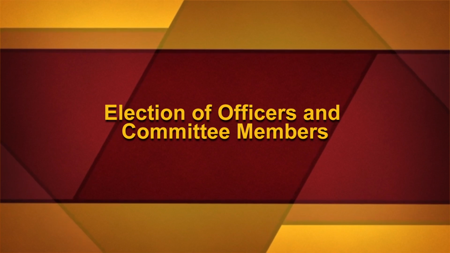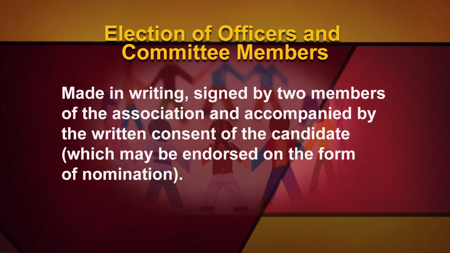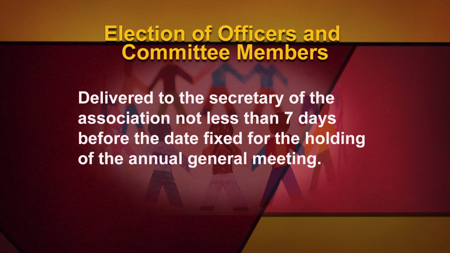Election of officers and committee members. Nominations of candidates for election as officers of the association or as ordinary members of the committee must be: A. Made in writing, signed by two members of the association and accompanied by the written consent of the candidate, which may be endorsed on the form of nomination, and B. Delivered to the secretary of the association not less than 7 days before the date fixed for the holding of the annual general meeting.